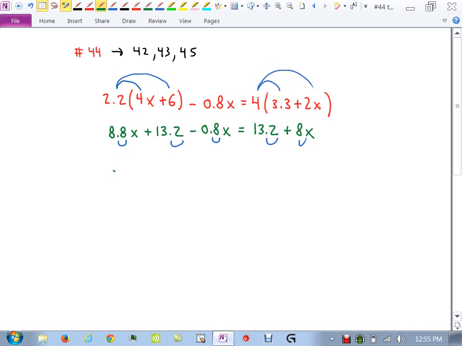So my new equation is 88x plus what? 132 minus 8x, right? It only went one spot, and it was 0.8, so to the right one is going to be just 8, equals 132. Now on this one, it's 8, so it moves to the right once, and it becomes 80.